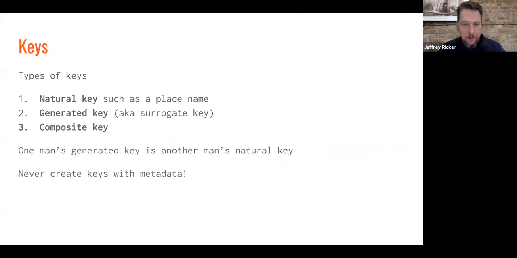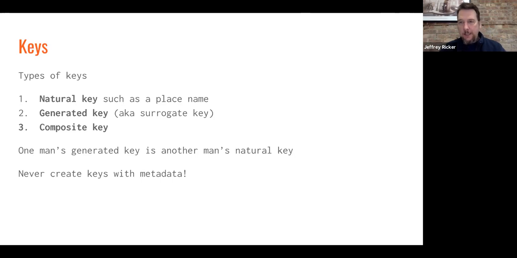And there are 2 things that I would point out to you with keys. And keys will come up again and again and again for you in stream processing. Everything has to have a key. First off, one man's generated key is another man's natural key. So, for instance, in the United States, we get a social security number for tax purposes.